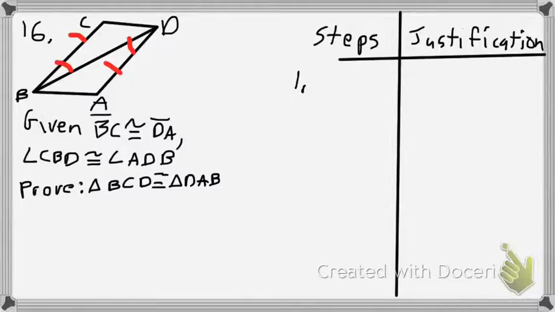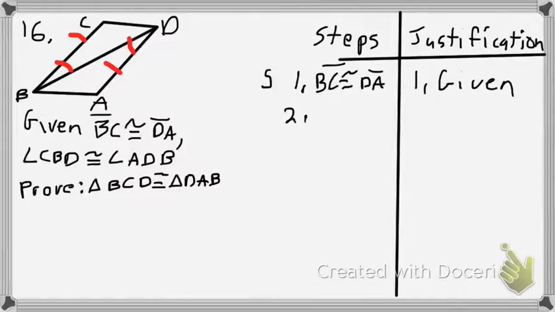We want to start off by just taking down our givens. Side BC and side DA are going to be the same. It's given. We also know that angles CBD and ADB are congruent. Again, that's a given.